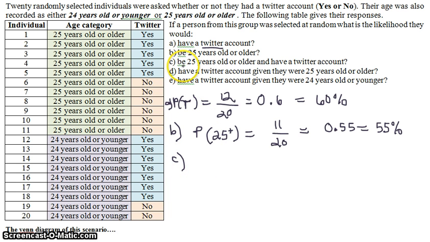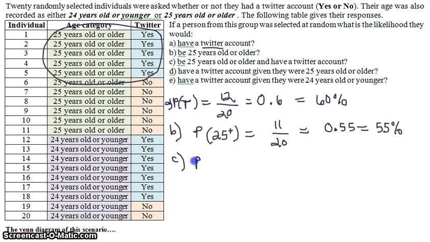So we can extend this into intersections as well. What would be the chance that I would randomly select a 25-year-old or older that has a Twitter account? How we can find this is we actually just look up the people who have a Twitter account and are 25 years or older. So we can easily see that this would be these 5 people. They're 25 years or older and they have a Twitter account. So 1, 2, 3, 4, 5 of these people apply to what I'm interested in.